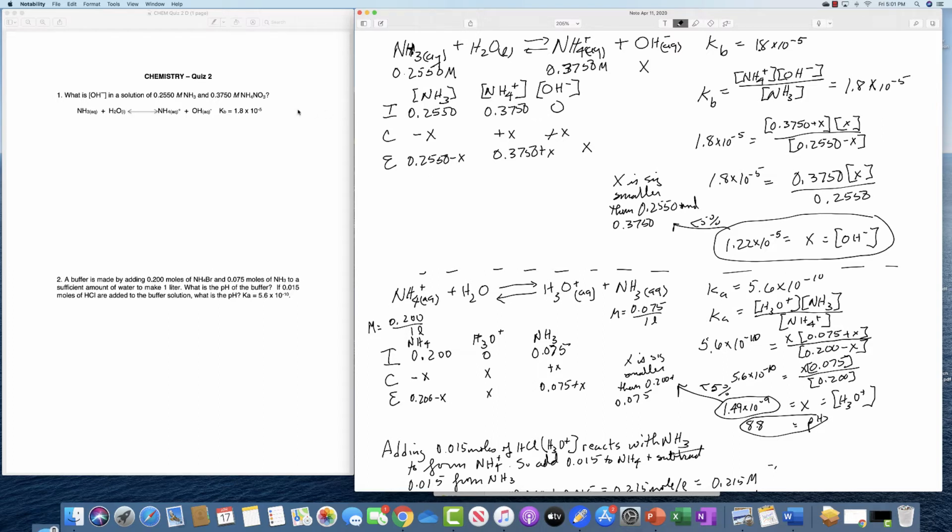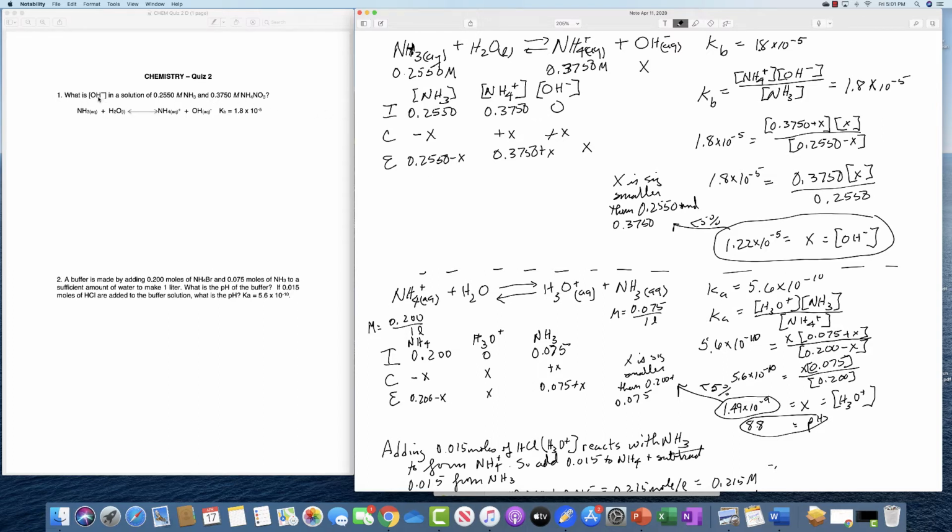The first problem is, what is the hydroxide ion concentration in a solution that's made up of 0.2550 molar ammonia and 0.3750 molar ammonium nitrate?